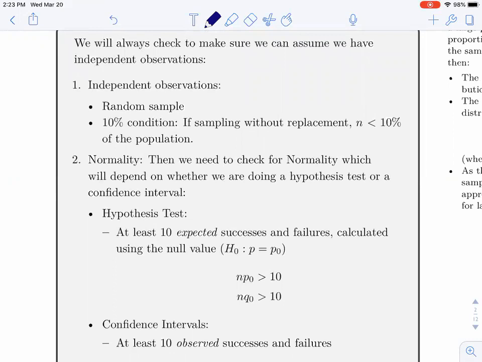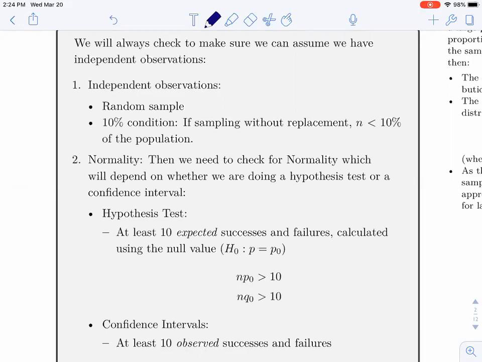To check these assumptions, there's kind of 2 phases. First, we have to have independent observations. And to check that, we have to make sure that we have a random sample, right? So everyone's randomly selected in here. And then the next thing we have to check is that we have less than 10% of the population.